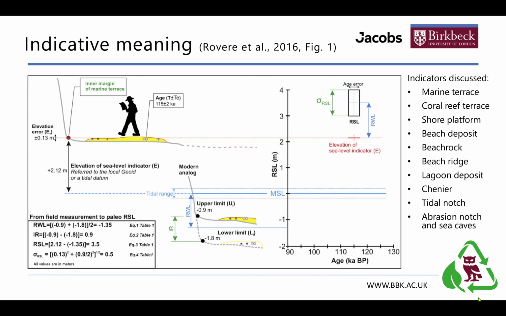So our job was to go out and find the modern analogues for key locations and to apply this methodology, which, once you've got it into a spreadsheet, isn't quite as bad as it looks in this diagram.